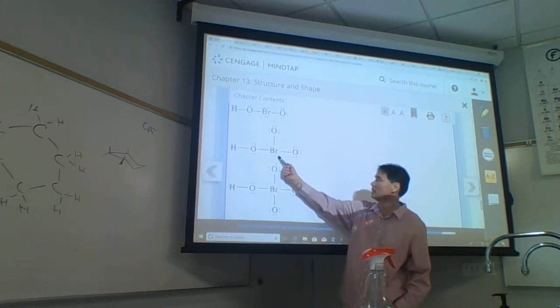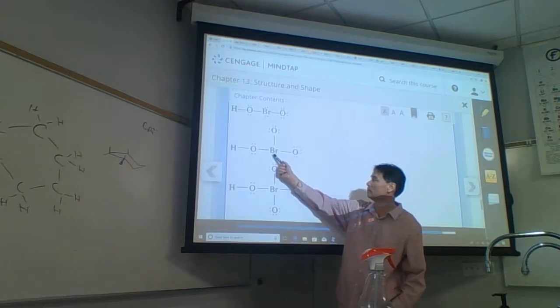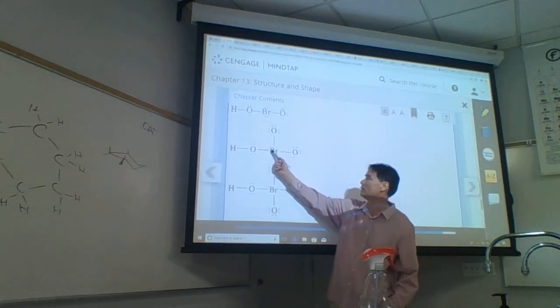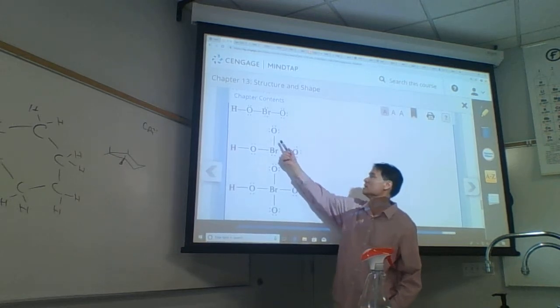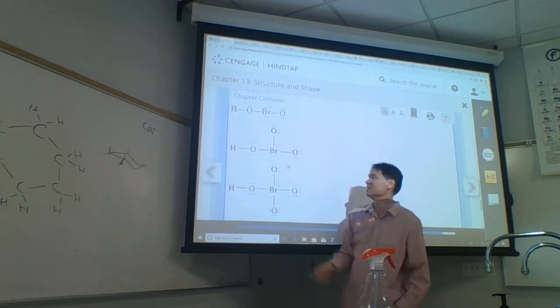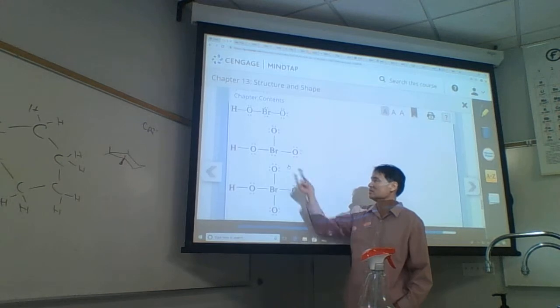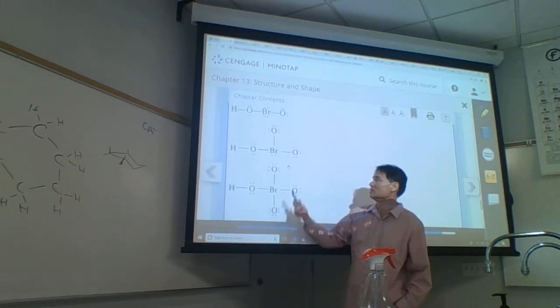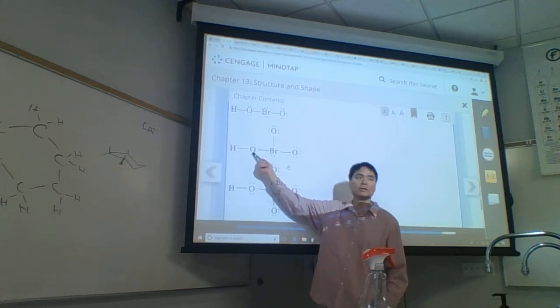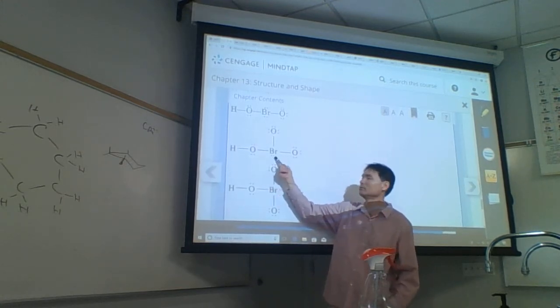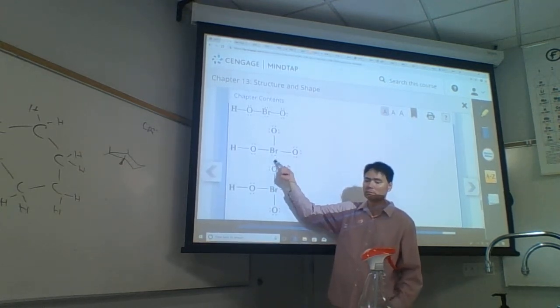Bromine is going to be plus 2, and this oxygen is going to be minus and minus. And so if we don't expand the octet, that's what we get. And the structure, well, this oxygen would be bent, this bromine would be trigonal pyramidal.